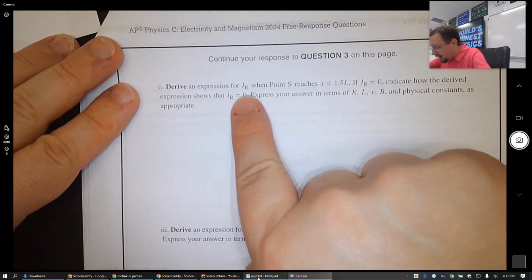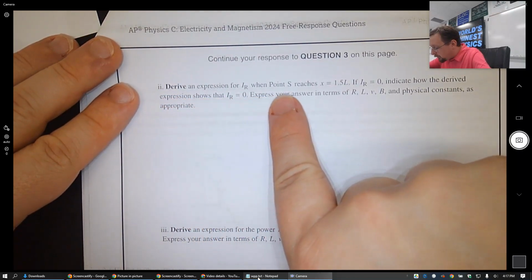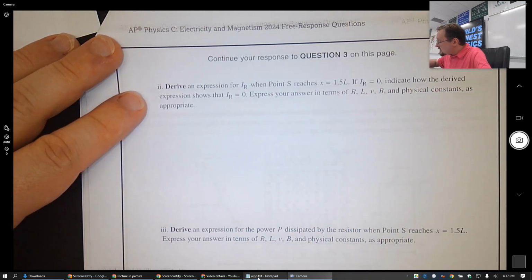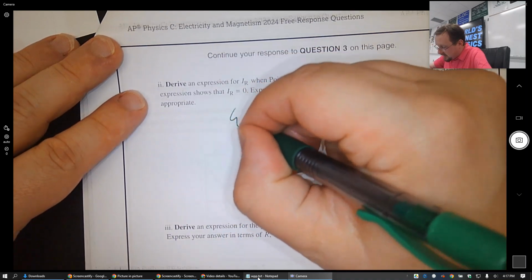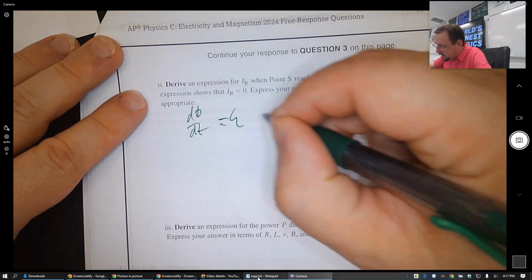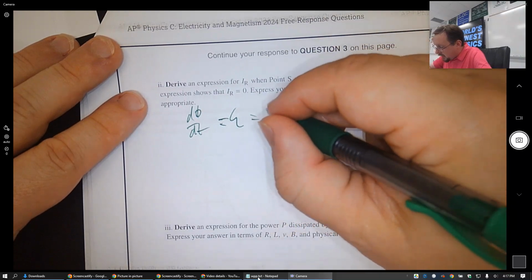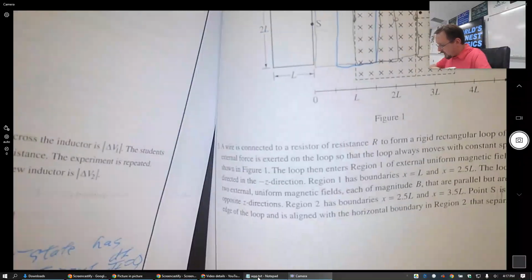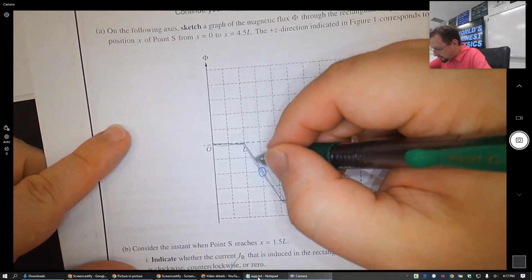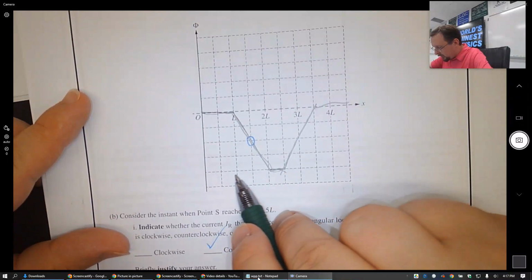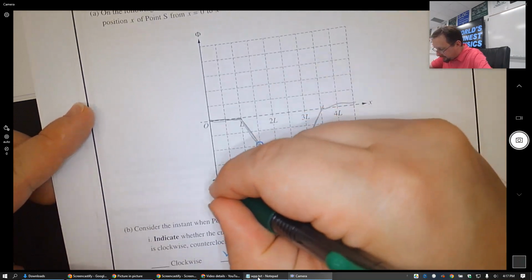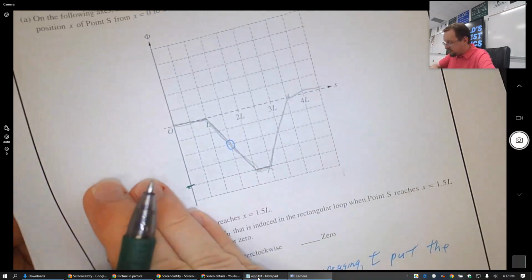Derive an expression for I when point S reaches 2L. I'm going to say EMF is d flux d time, and it's equal to I times R. Do we have an R in this circuit? Yes, we do. How much flux is that?